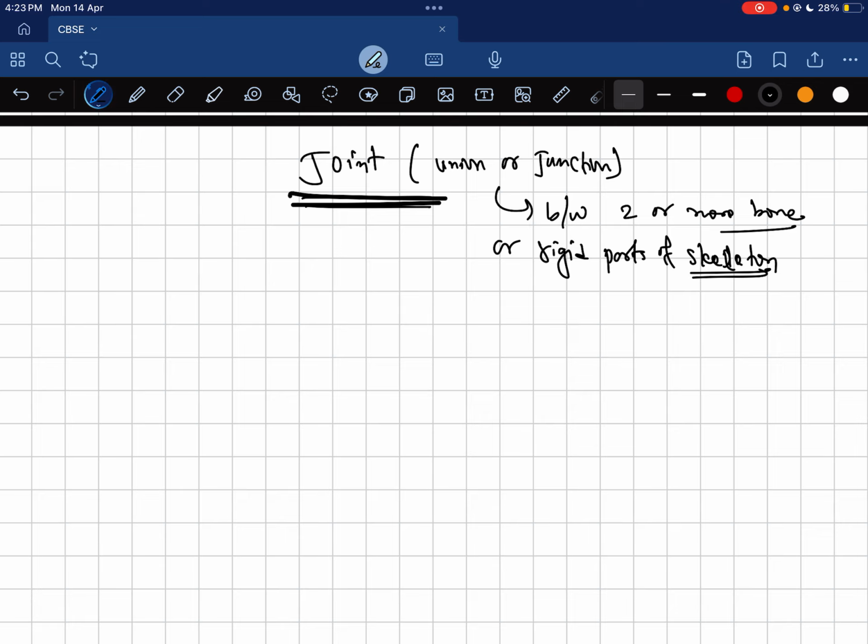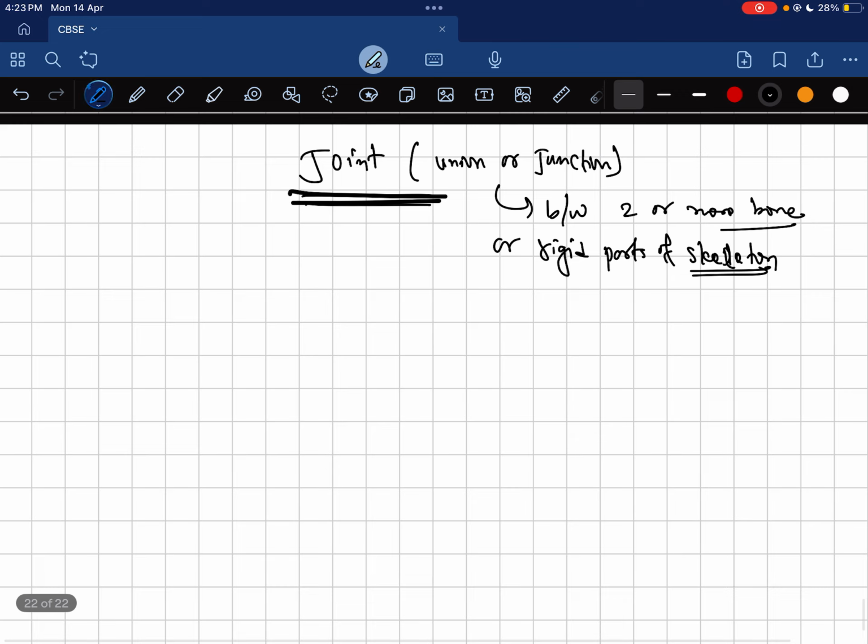Regarding joints, there is a functional classification and a structural classification. So we are going to discuss the functional classification first. This means how they work, how they move.